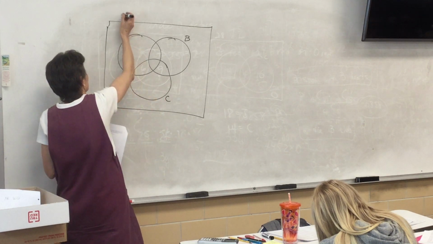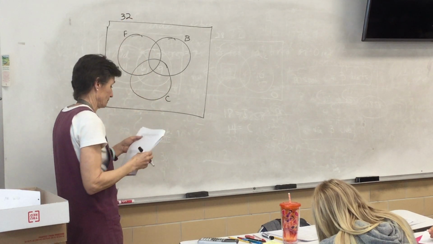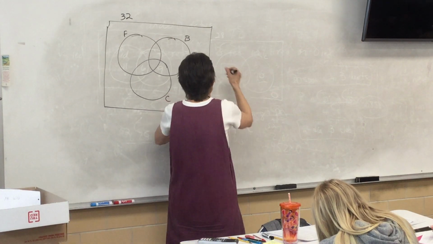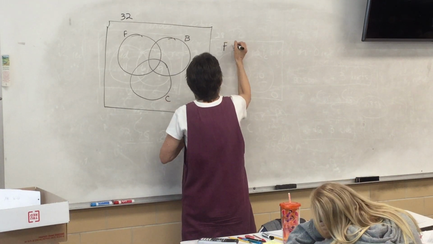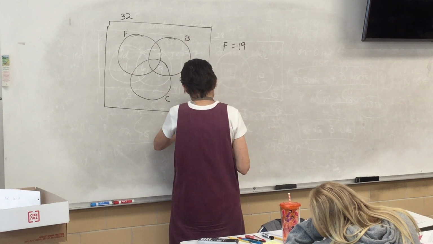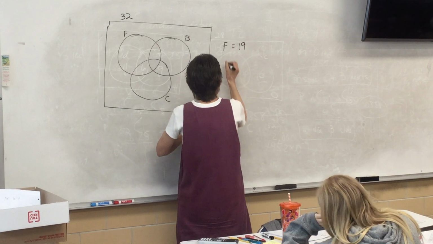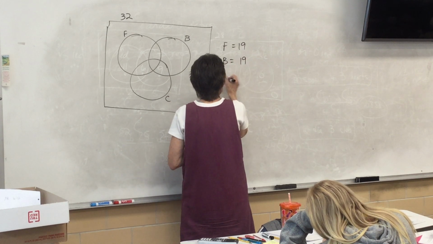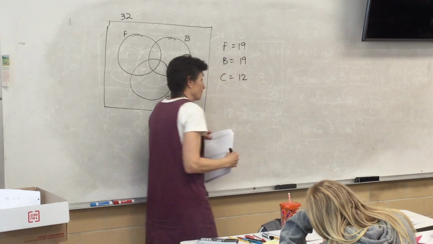And there are 32 kids. And when we took a vote, I said, how many people like Fords? And 19 people raised their hand. And 19 raised their hand for Buicks, and 12 raised their hands for Chevys.